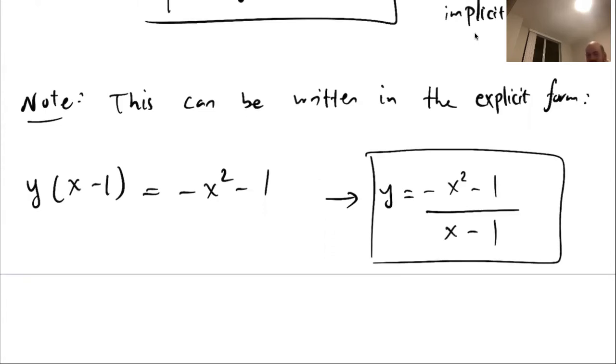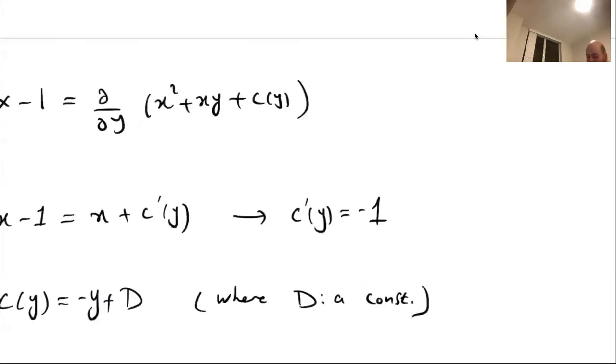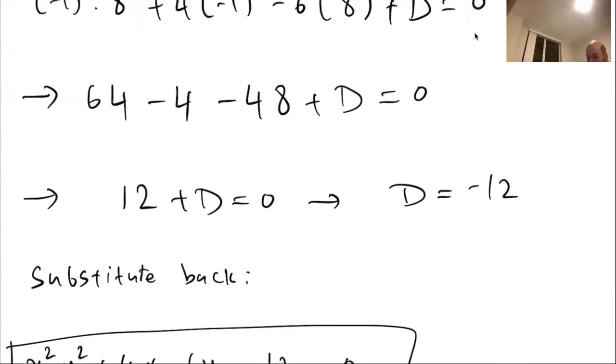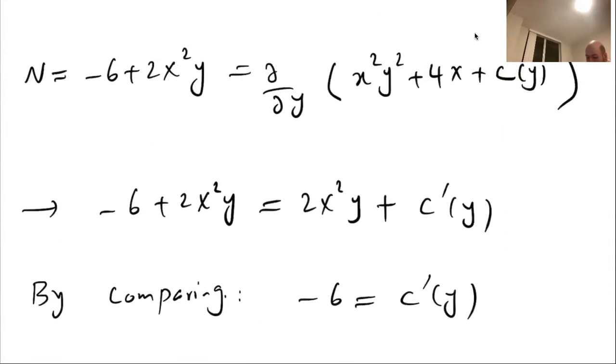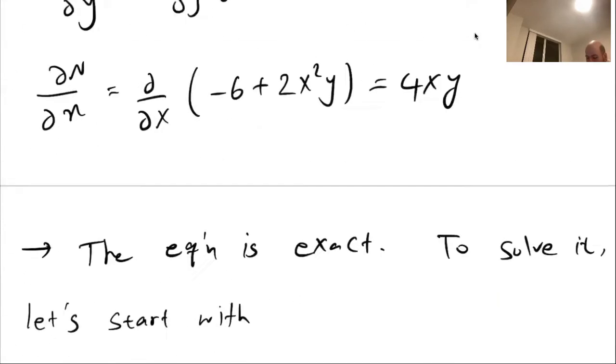So this is the solution with our approach that we interpreted as an exact equation. We verified that the equation given to us was exact, and then we followed the procedure to solve an exact equation.